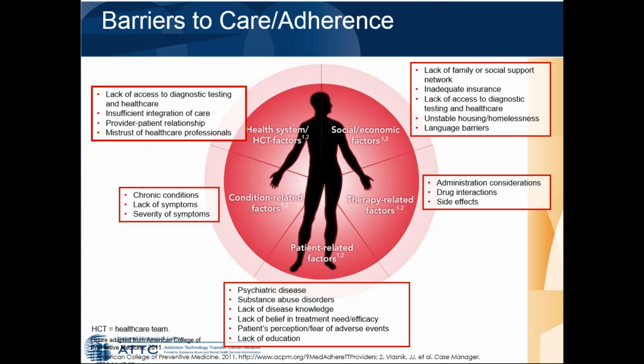And then patient-related factors, which is also a huge barrier for treatment, and not only in hepatitis C, but also in HIV and other infections and other medical comorbidities. Psychiatric diseases such as depression, anxiety, schizophrenia, bipolar disorder, substance abuse, ongoing relapse of heroin, crack cocaine, which may lead to new infections or relapses, not understanding what the hepatitis C may do, and lack of education as well.